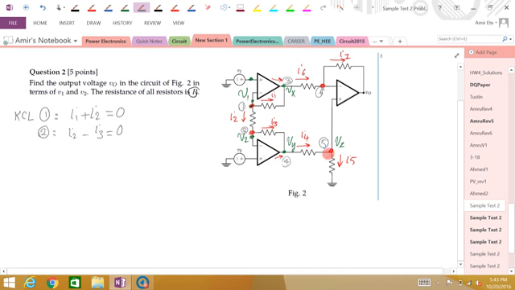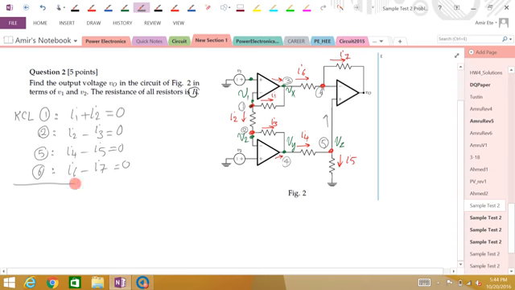At this node number 5, I4 enters, I5 leaves, and this current going into the OpAmp is 0. At node 6, I6 enters, I7 leaves. So these are the KCLs that might help me find the output voltage.